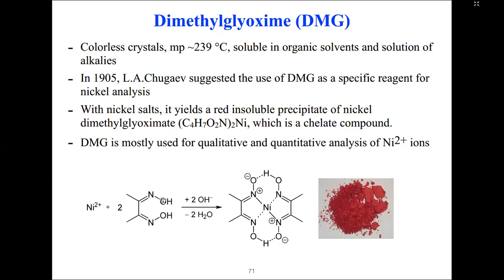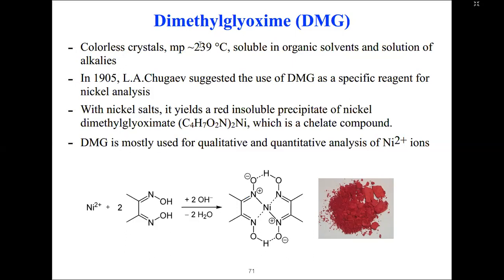These 2 nitrogens are each connected to an OH group, and each nitrogen forms a double bond with carbon, and 2 methyl groups are attached, one to each carbon. So this molecule is symmetric, as you can see. There is a plane of symmetry in this molecule. This is the structure of DMG.